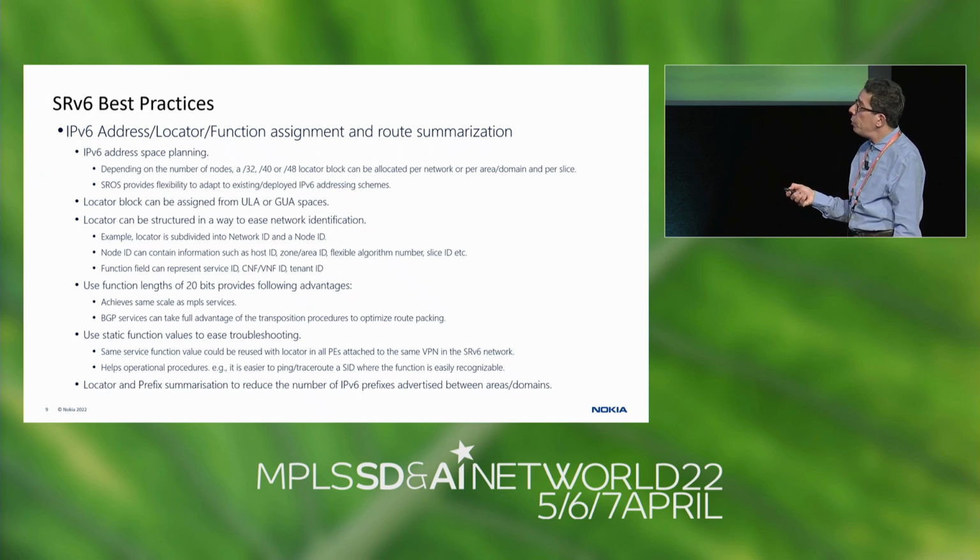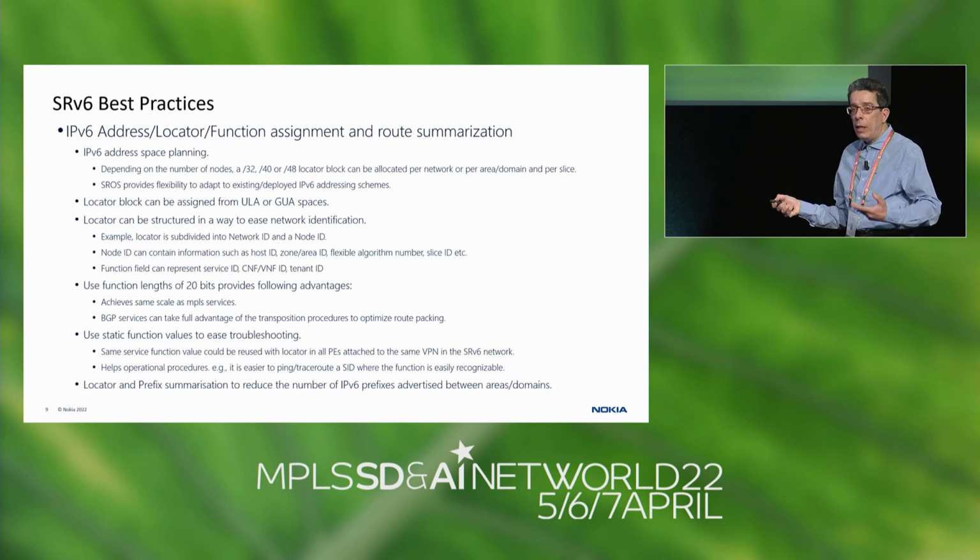You can structure the locator in very creative ways to ease network identification and troubleshooting. For instance, the locator could be subdivided into network ID and node ID. The node ID can contain information such as host ID, zone or area ID, flexible algorithm number, or slice ID.